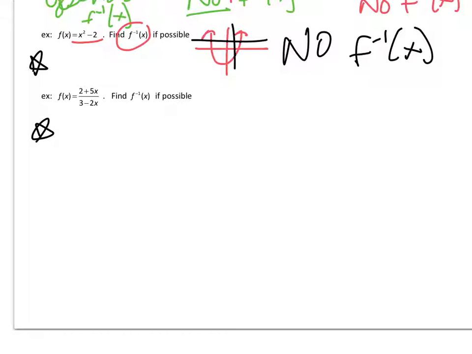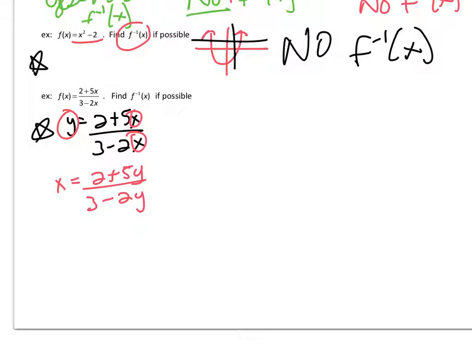The next one is a rational function. So we're going to find f to the negative 1. We're going to do that by first changing your f of x to y. And then we're going to switch your x and your y.